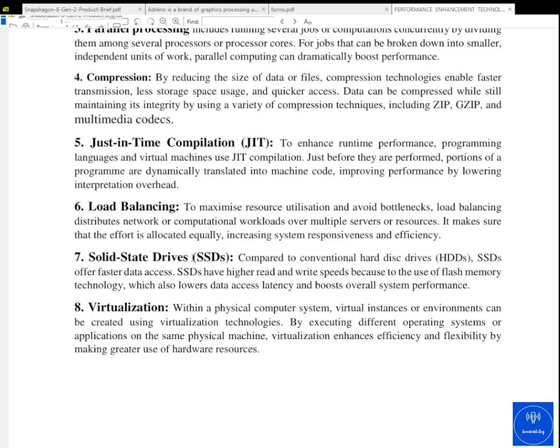Because at the end of the day, we use computers to enhance our output, to enhance our performance. So in the same breath, the computer is also configured in a way that it's able to optimize the resources and the software and the programs that are there for the maximum output.